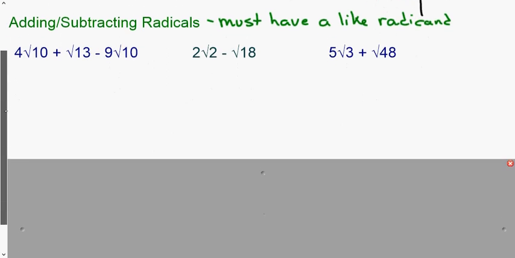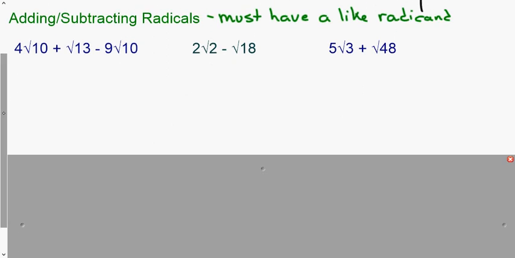And so when we look at something like this, this is 4 root 10, and this is negative 9 root 10. Those are like radicands. 13 is not. So if we go back to chapter 1, and you think about what you did in probably 6th or 7th grade, collecting like terms, well, when we're dealing with radicals, in order to be like terms, they have to have the same radicand, the same square root.